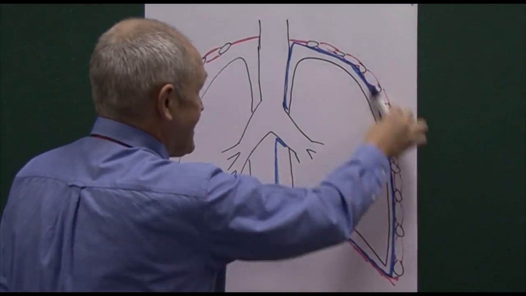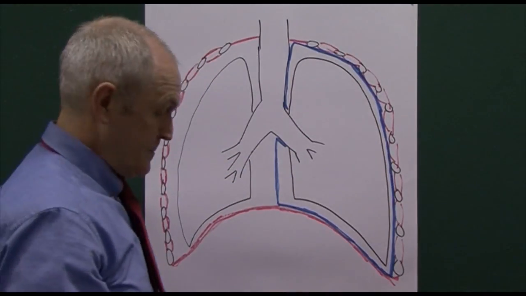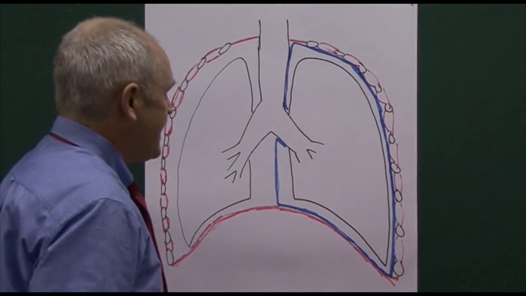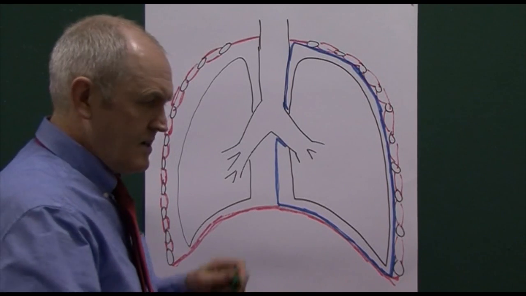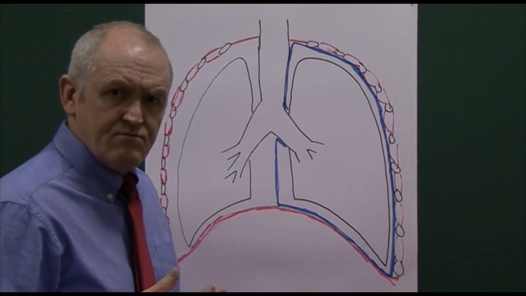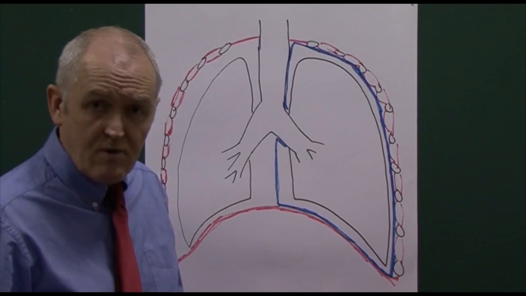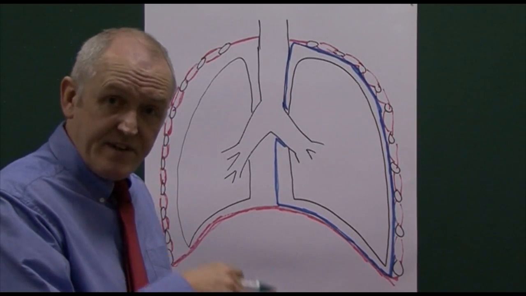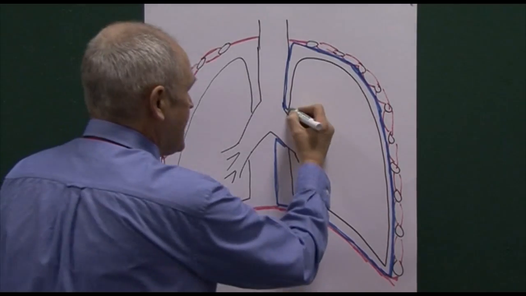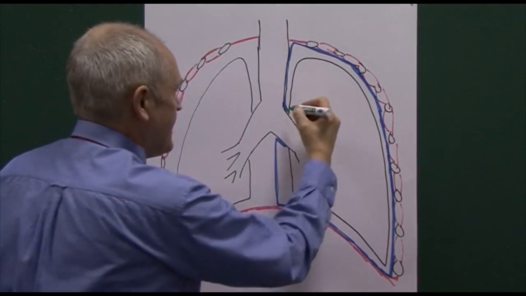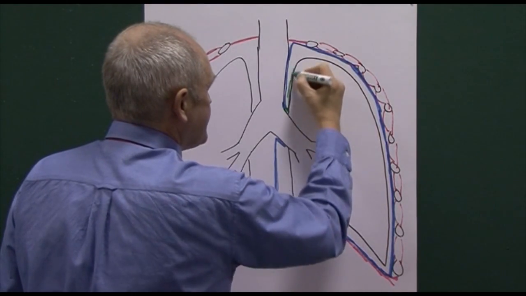It's physically attached to the inside of the thoracic cavity. But then surrounding the surface of each lung is the visceral pleural membrane, the inside one. So the outside one is the parietal, the inside one is the visceral pleural membrane. And this is actually a continuous membrane. It reflects back, and this goes over the surface of each lung.